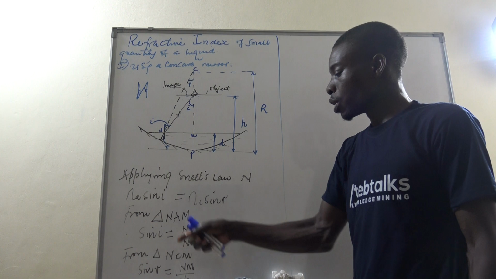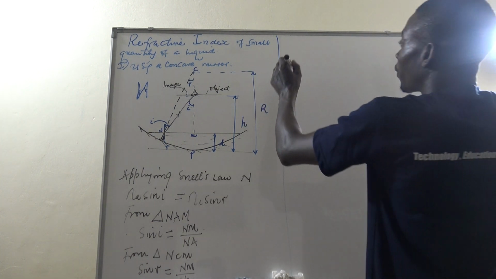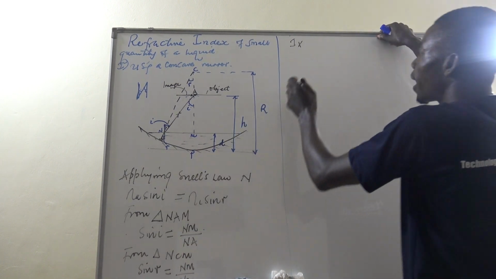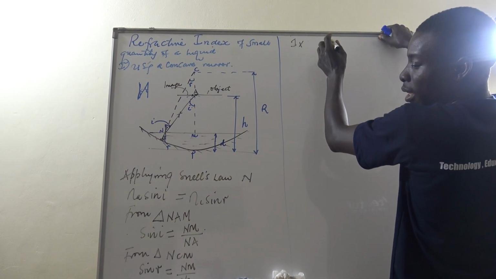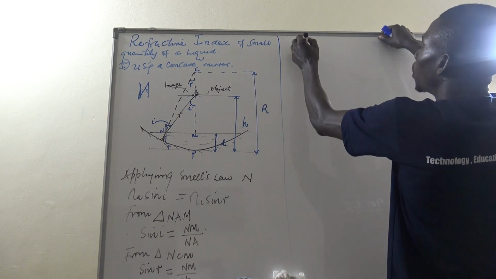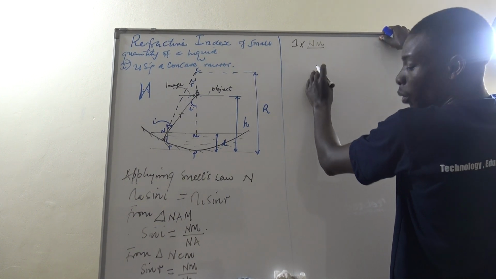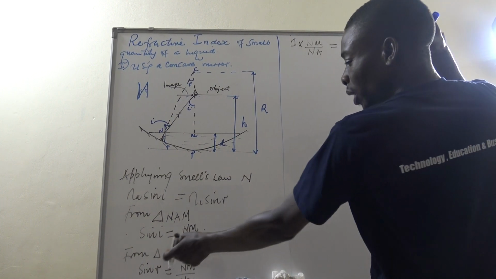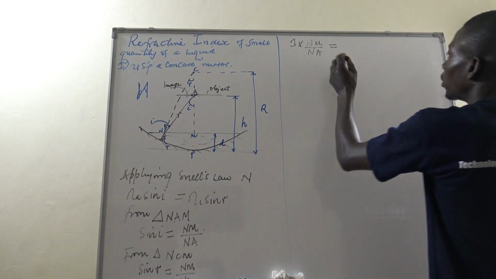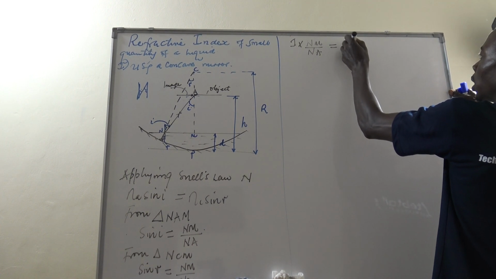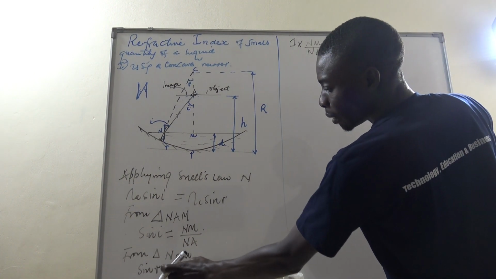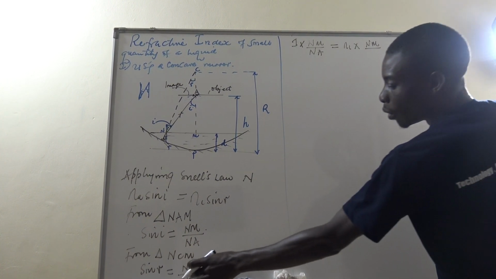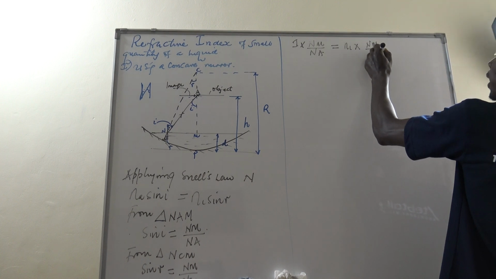If I substitute this back, refractive index of air is 1, times sine I, which is NM out of NA, should equal n of the liquid times sine R, which is NM out of NC.